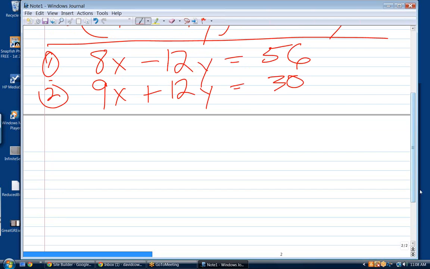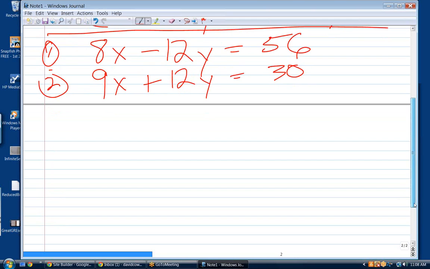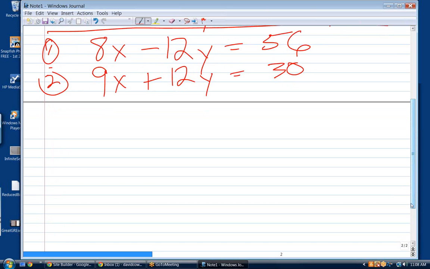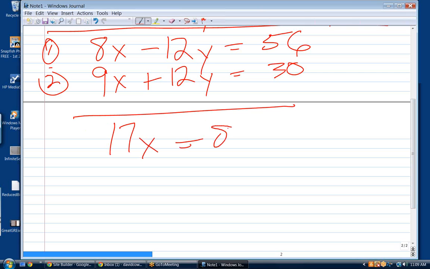So now I've got two equations that are identical to my first two, only I multiplied both sides by a number. But now I'm in a position where I can add these two equations, eliminate the y, get 17x equals 86, x equals 86 over 17.